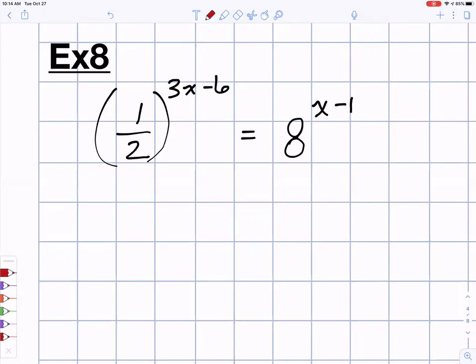And then that would give you the 1/2. Yeah. So we have 2 to the -1 times 3x minus 6 equals 2 to the 3rd. So I got 1/2 to the -3x plus 3.